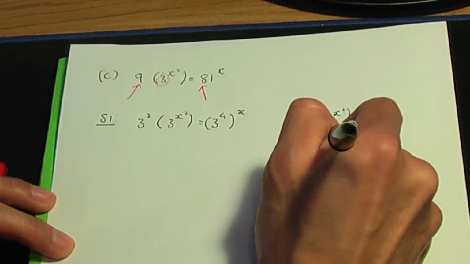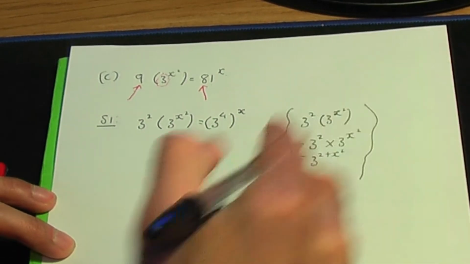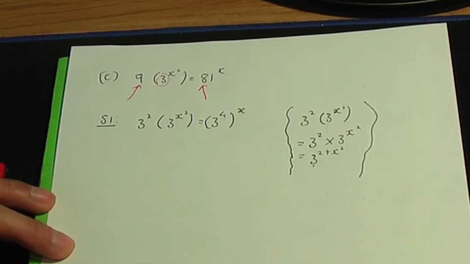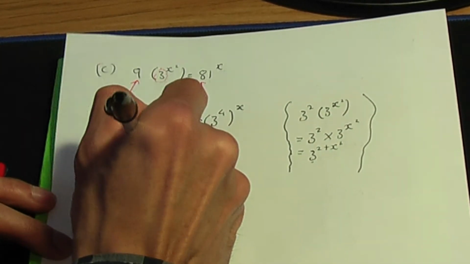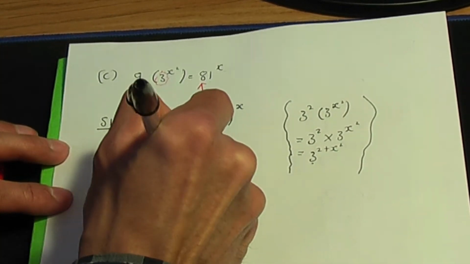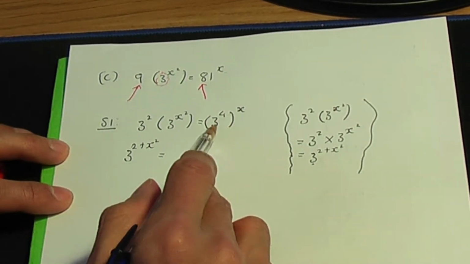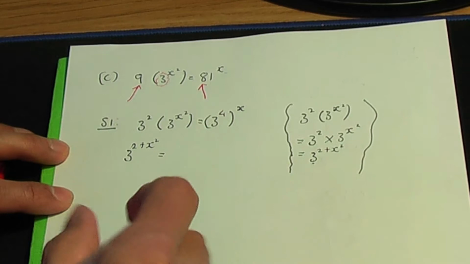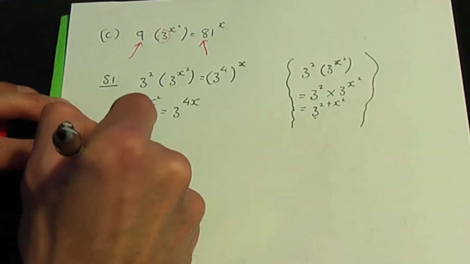So we're going to get 3 to the power 2 plus x squared. That is what you should have for the left hand term: 3 to the power 2 plus x squared. On the right hand side, as we discussed, 3 to the power 4 to the power x is the same as 3 to the 4x.